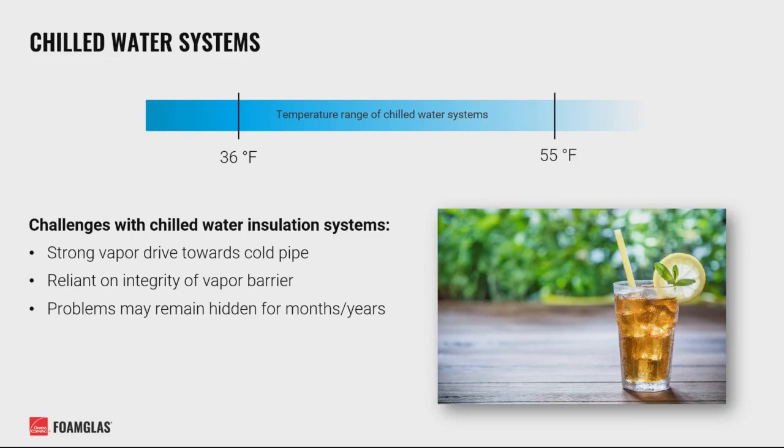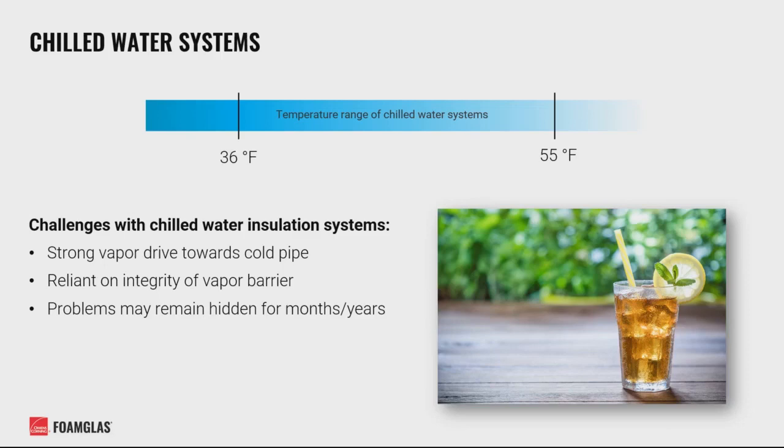This condensation can bring about a variety of challenges for the insulation system that happens to be installed on that cold pipe. We're going to be talking today about strong vapor drive into and onto that cold pipe surface underneath the insulation. And that will bring about an emphasis on the performance of the insulation system's vapor barrier.